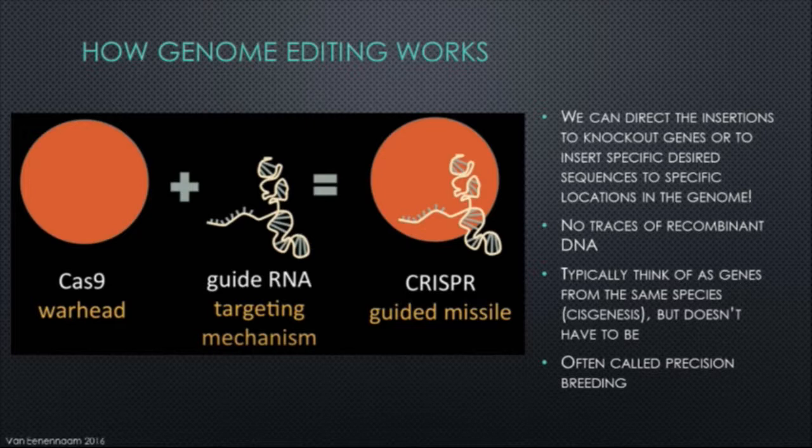And basically what that does is the guide RNA says, go here, okay? It's basically the targeting mechanism to say, we want to make the cut or the edit, whatever we want to change in the genome, it's right here. And so using that RNA sequence, we can direct it to that particular location in the genome.